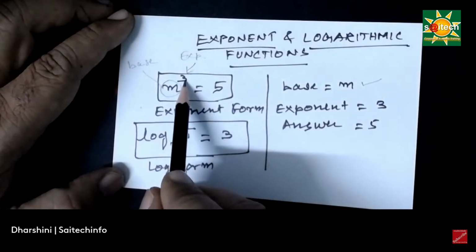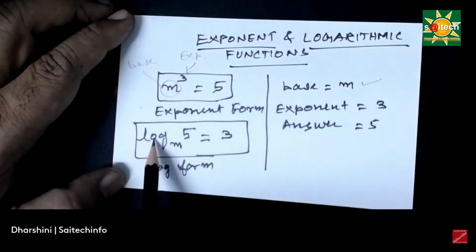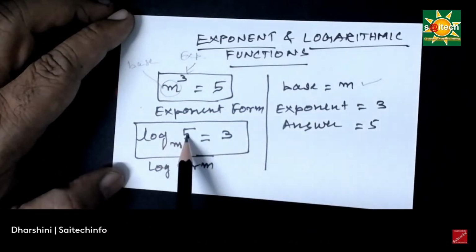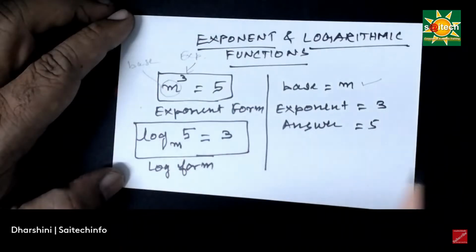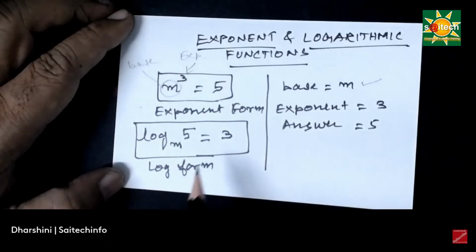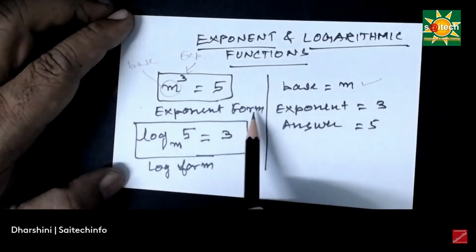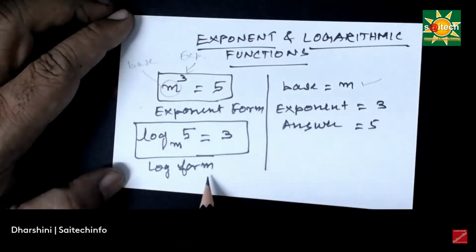And the exponent 3 is the answer of the logarithmic function: log 5 to the base m is equal to 3. So this is called logarithmic form. So you should be able to convert the exponent form into logarithmic form and vice versa.